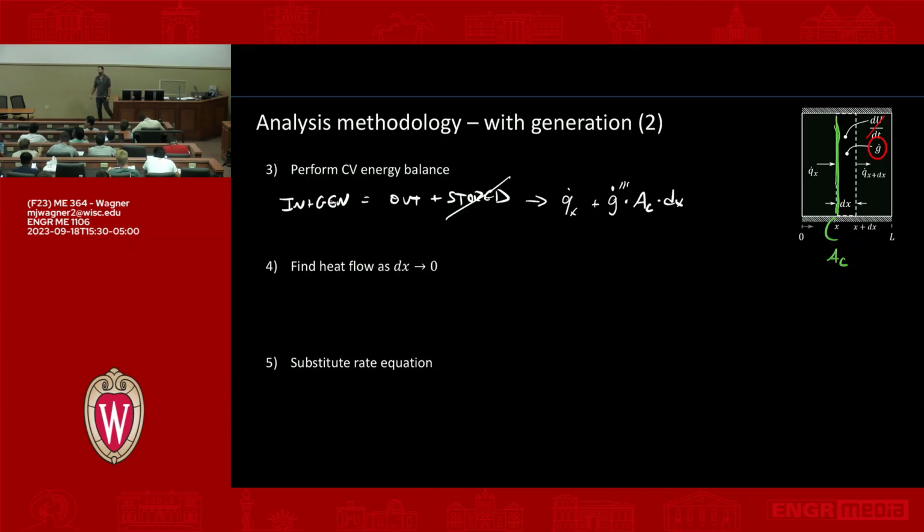Question? So the A_c is like the slice of paper? Yep, so the question is what is A_c? This is the biggest source of confusion, I think, for heat transfer: what is this cross-sectional area? Think of it like, going back to the resistance model. The resistance model says I have some potential, T_H and T_C, and I have some heat flow. The area that's available is inversely related to the resistance.